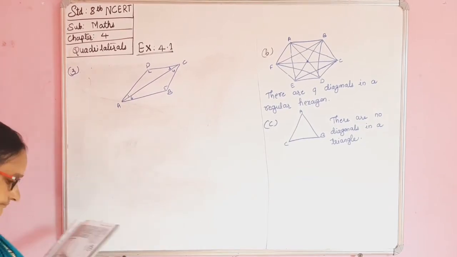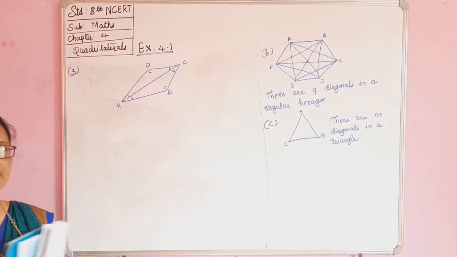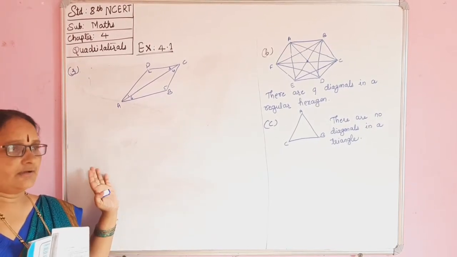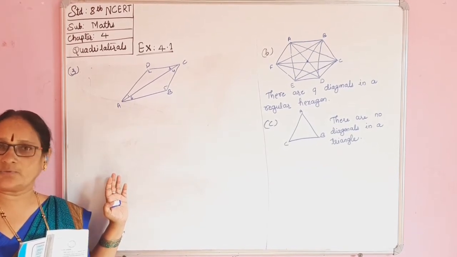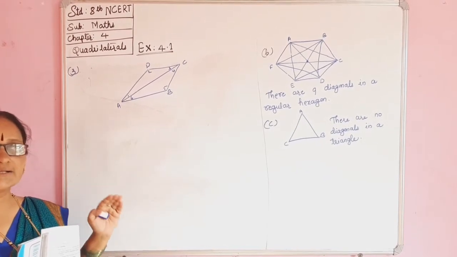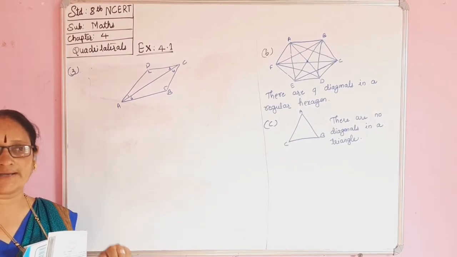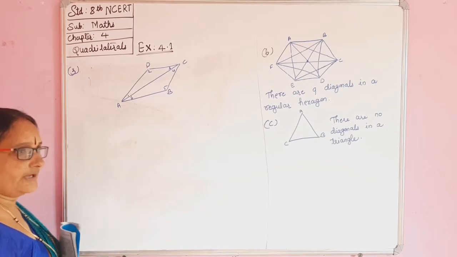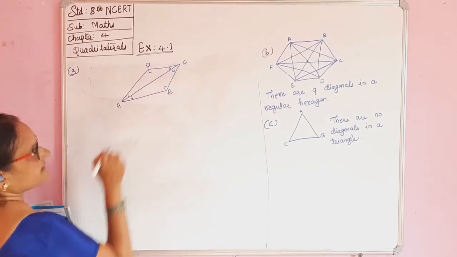The angle sum property for a triangle is 180 degrees. What is the angle sum property for a quadrilateral, that too convex? We will see now. These all are the angles in that.